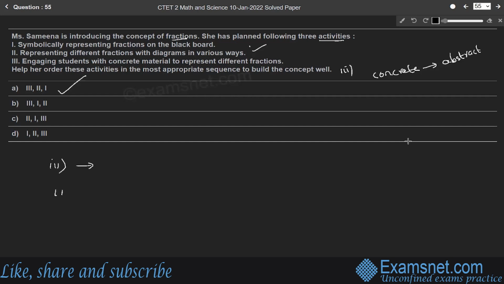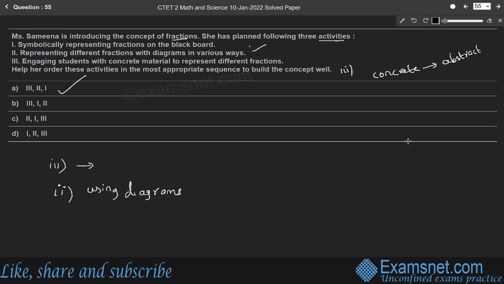Then, second step, after dealing with the concrete objects, the next step to be followed by the teacher is representing different fractions using diagrams in various ways. For example, the teacher can represent a house with 4 rooms, and pick up some of the rooms.